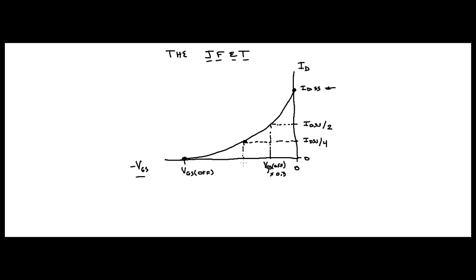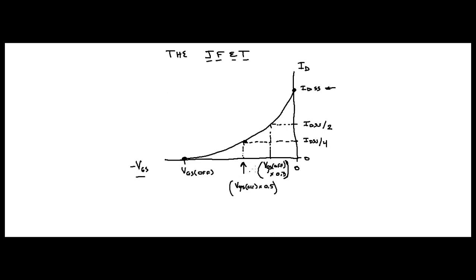This point right here is equal to VGS off times 0.5. That should be parentheses there. This relationship is very useful when you're doing problems.